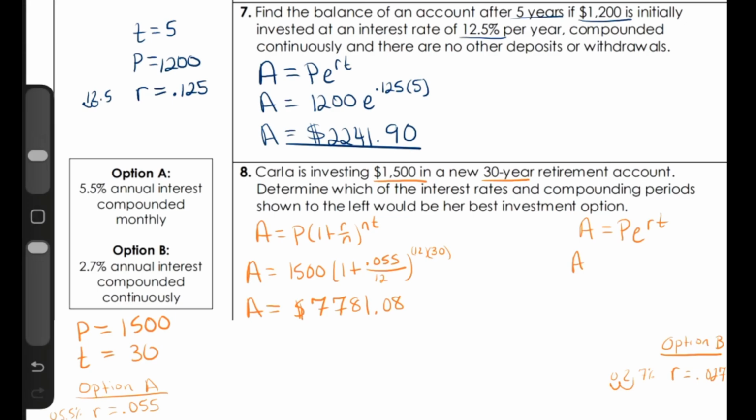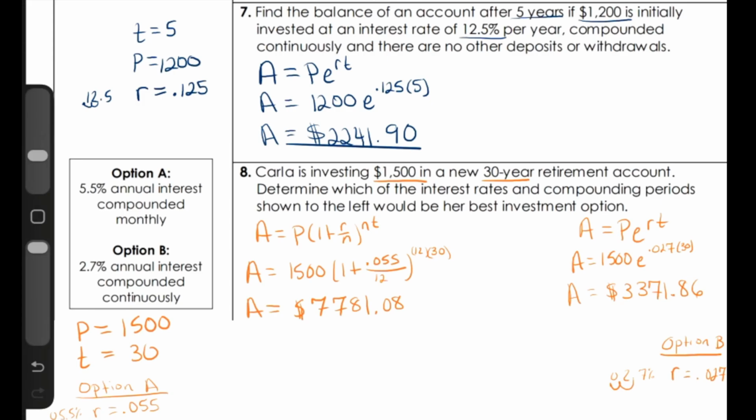So A is equal to 1500 times e to the power of r, at 0.027 and our time of 30. Now if we plug all that in, our A is equivalent to $3,371.86.